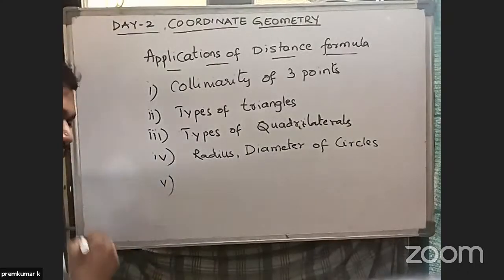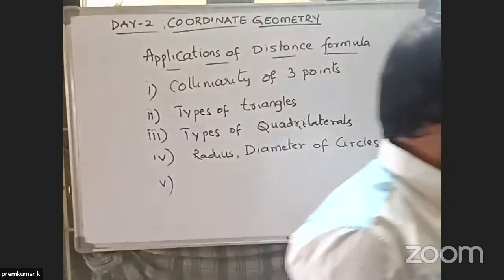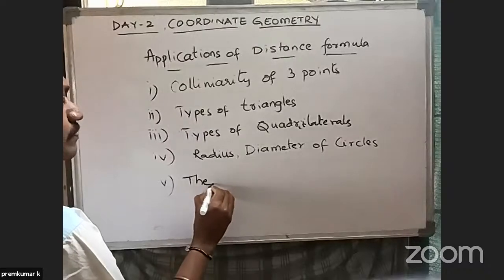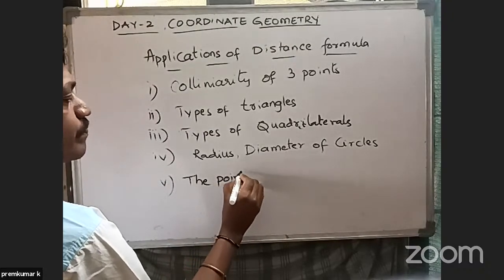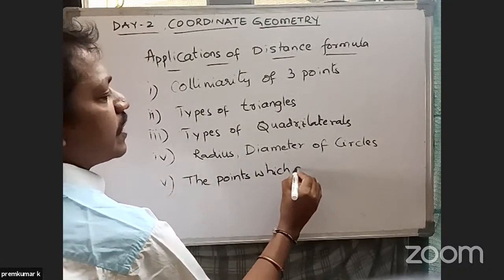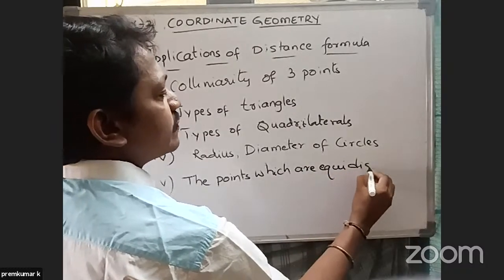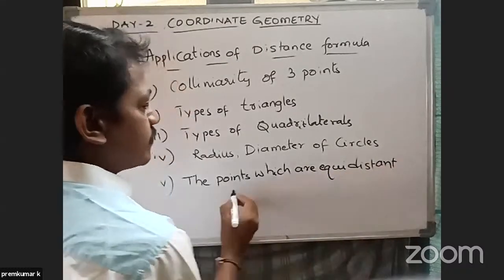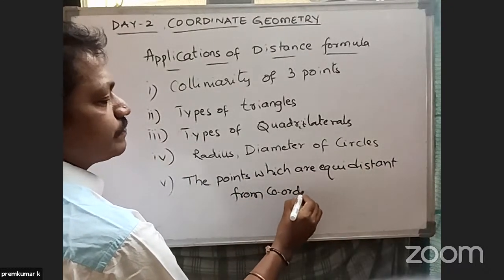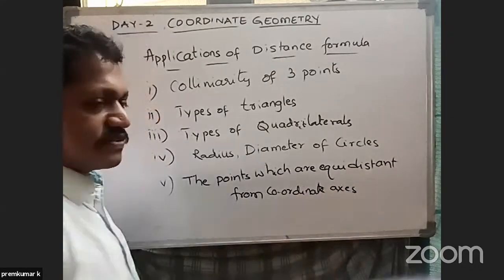And next, finding the distance, and the points which are equidistant from the coordinate axis.